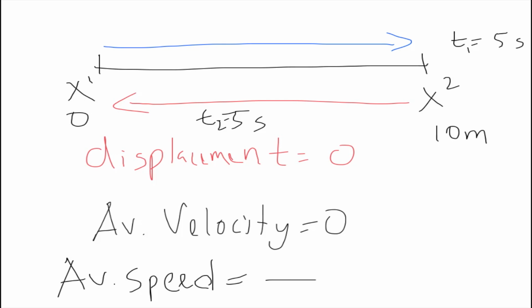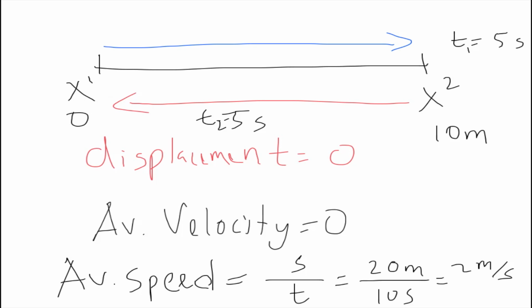Average speed is the total distance s over the total time it took to get that distance, and the total distance is 10 meters plus 10 meters because it goes forward and then backwards. It considers everything, direction doesn't matter, so it will be 20 meters over the total time that took. So that will be 5 seconds plus 5 seconds, 10 seconds. So then the average speed is 2 meters per second with no direction.